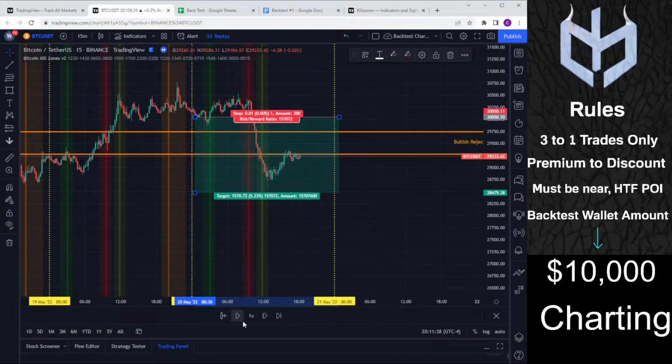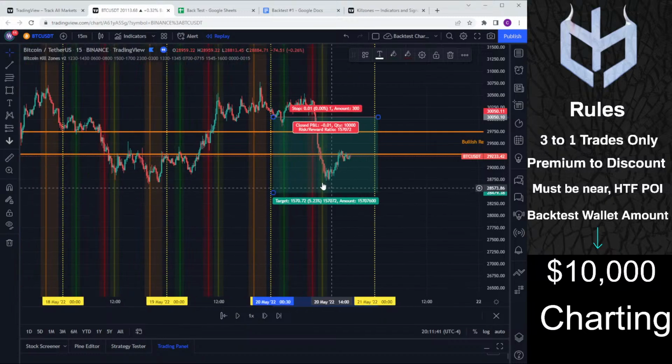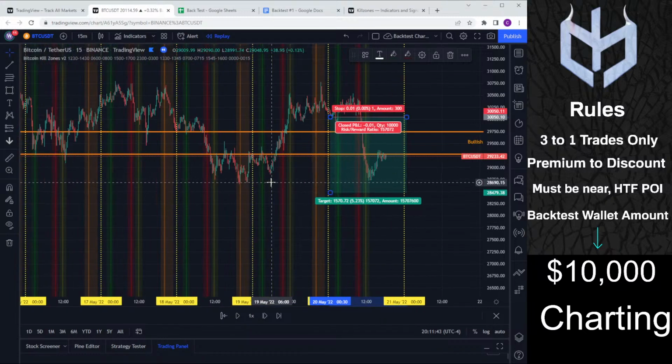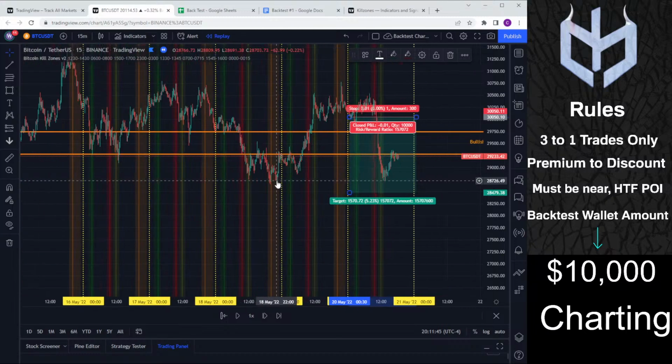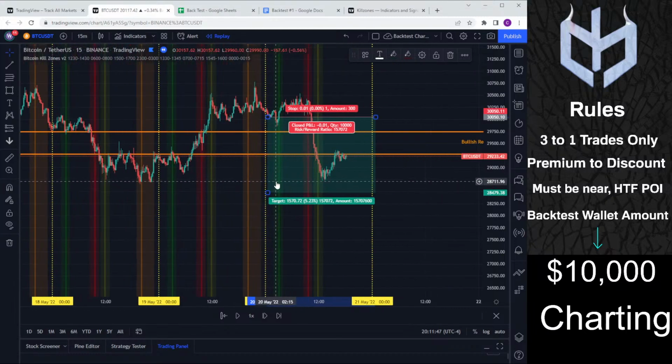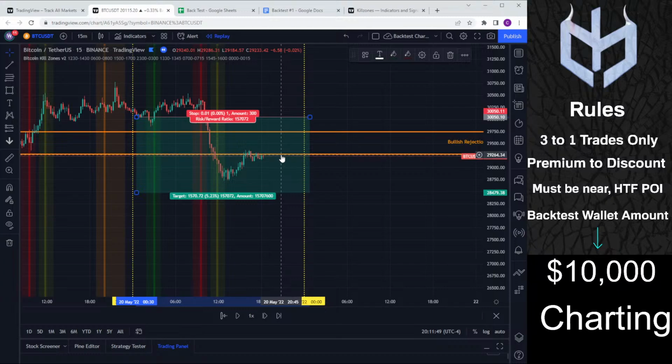Debating just pulling the rest of it out here. Take a look. So hit our second target. We've got the majority out. We'll just wait it.